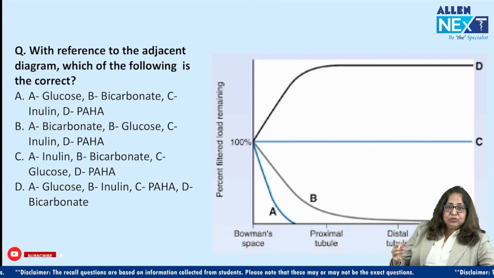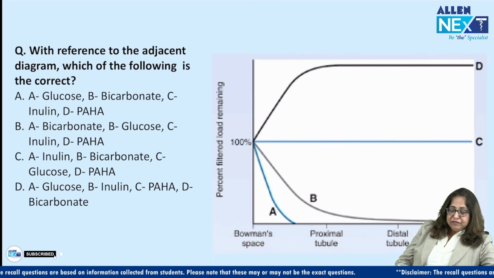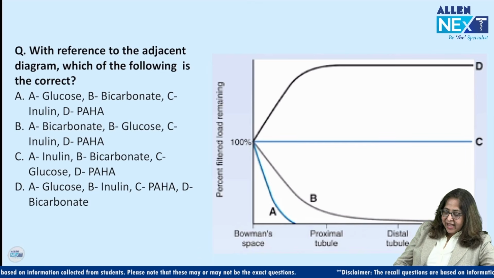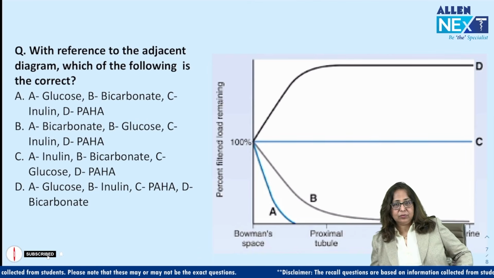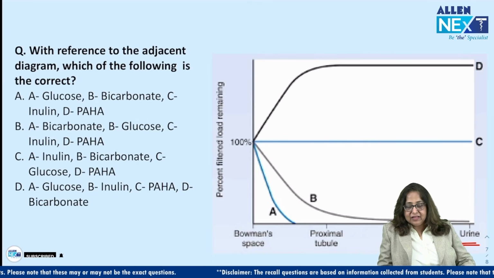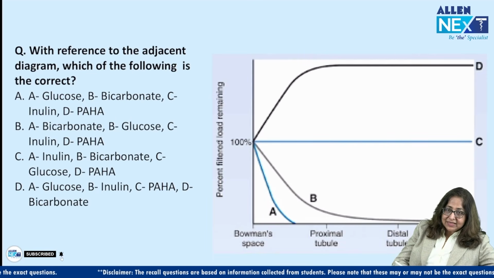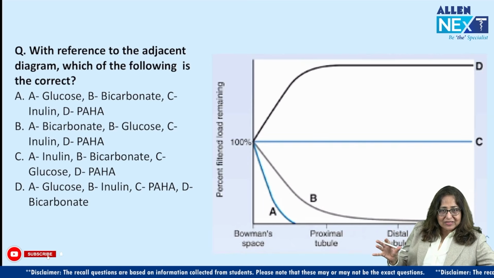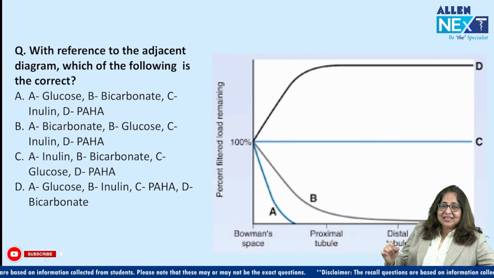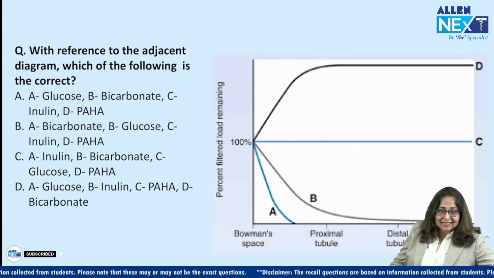what is happening to these different substances along the length of the nephron and, towards the end, what happens in the urine. Whenever you have a graphical question, I always tell you to see what is on the x-axis and what is on the y-axis.